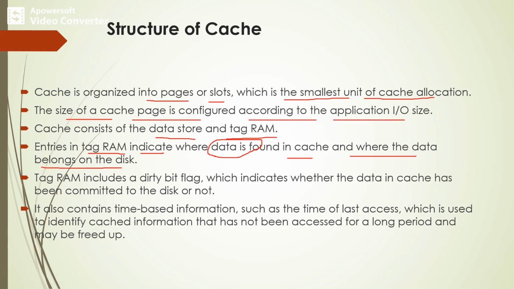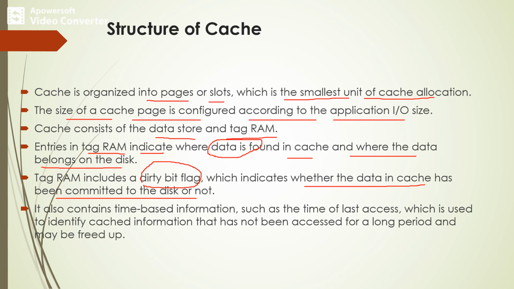The tag RAM includes a special flag bit called the dirty bit, which indicates whether the data in the cache has been committed to the disk or not. So a single flag bit, called the dirty bit, identifies that.